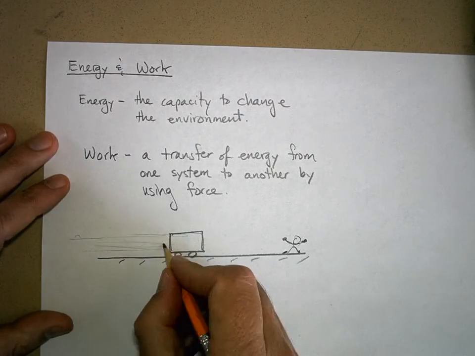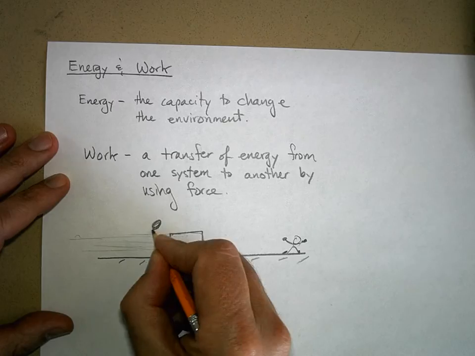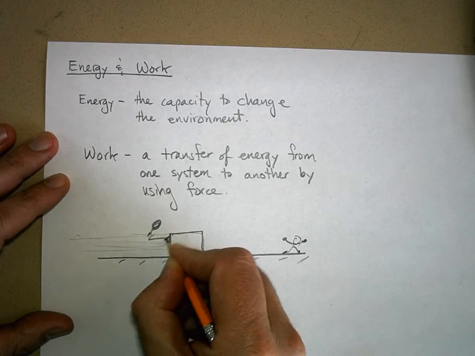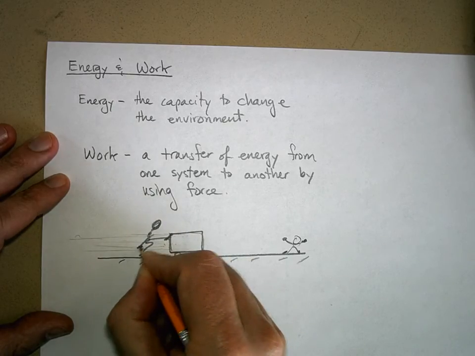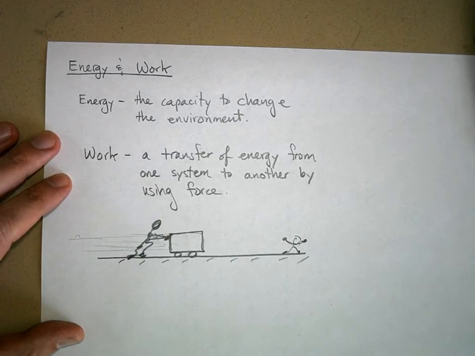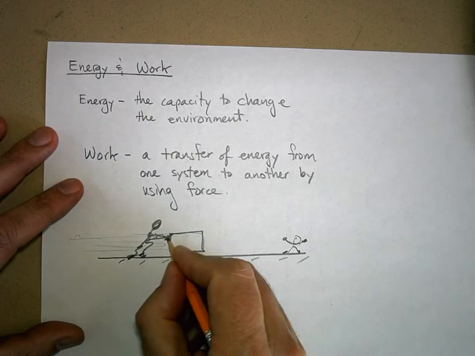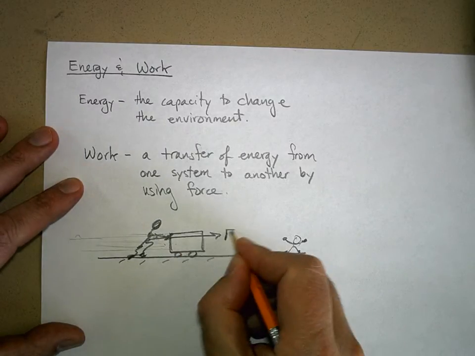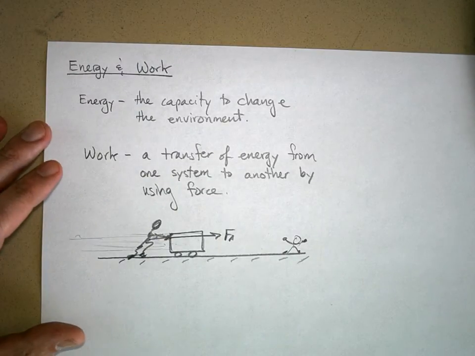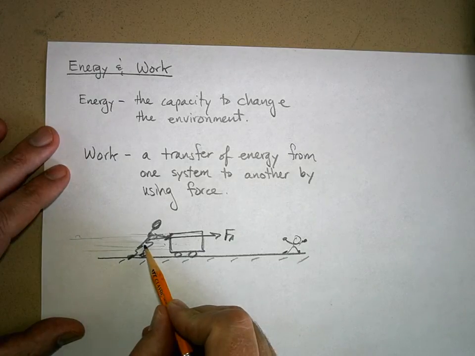So if somebody wants to give this thing energy, here's some mean adult, and they're going to push on this crate really hard. By pushing on it, what are they doing? Here's some applied force. They're going to transfer energy from their body into the crate.